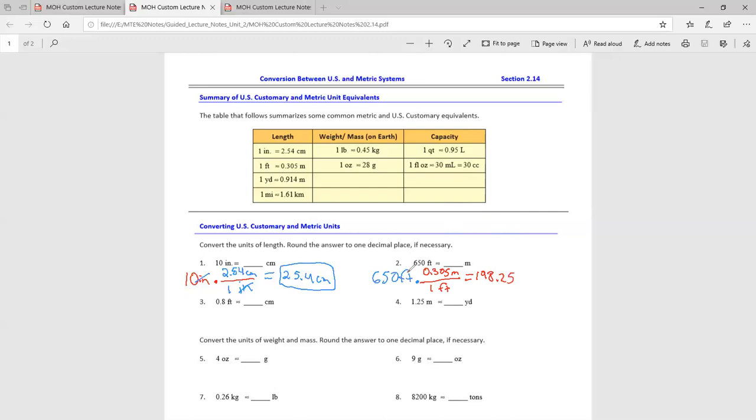We know our feet units are gone, so we're stuck with meters. But if you pay attention to the instructions, if this was a Connect question, it would mark it wrong, because they say to round your answers to 1 decimal place if necessary. So that says we're rounding where the 2 is, which means we look at the 5, that'll round up. So this is going to be about 198.3 meters. That would be our answer.